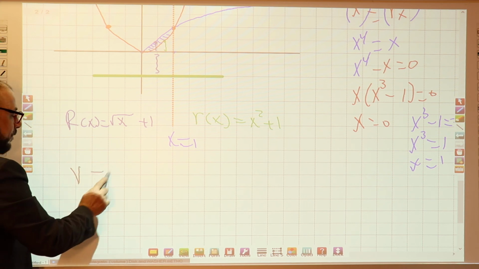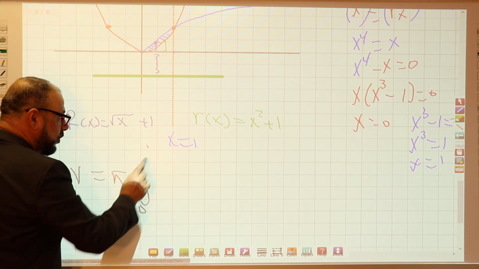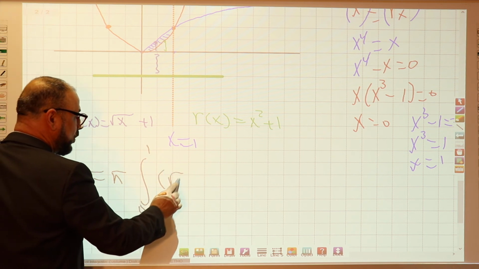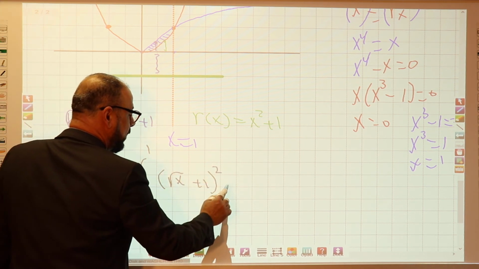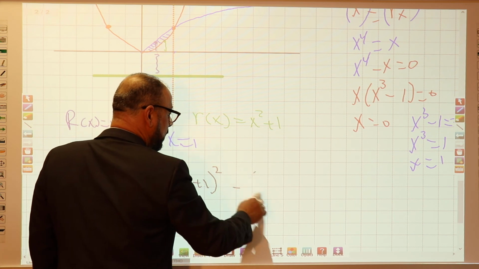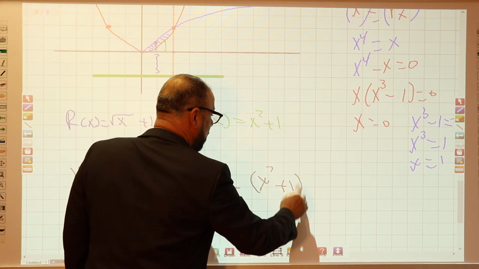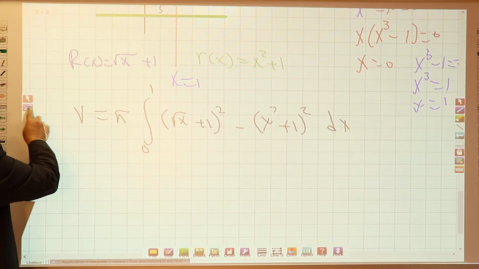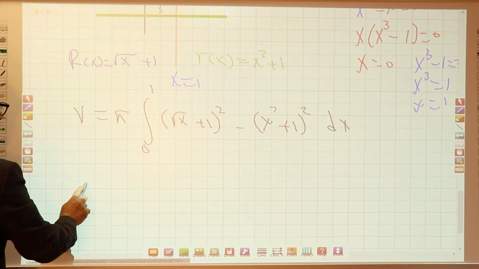My volume is pi, integral from 0 to 1, of the big minus the small: square root of x plus 1, squared, minus x squared plus 1, squared, dx. Now it's integration, which is very simple to finish.